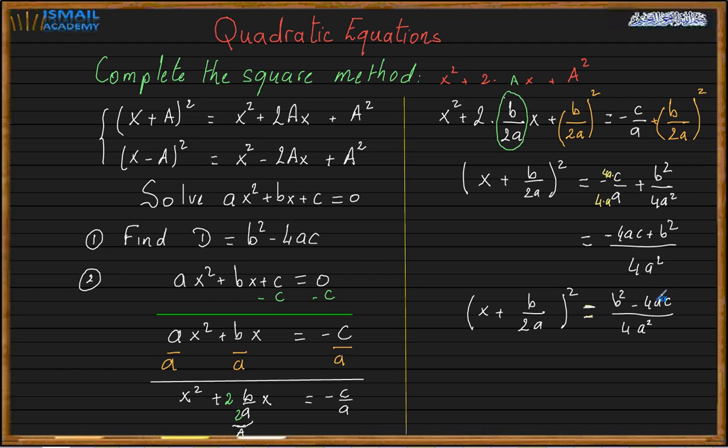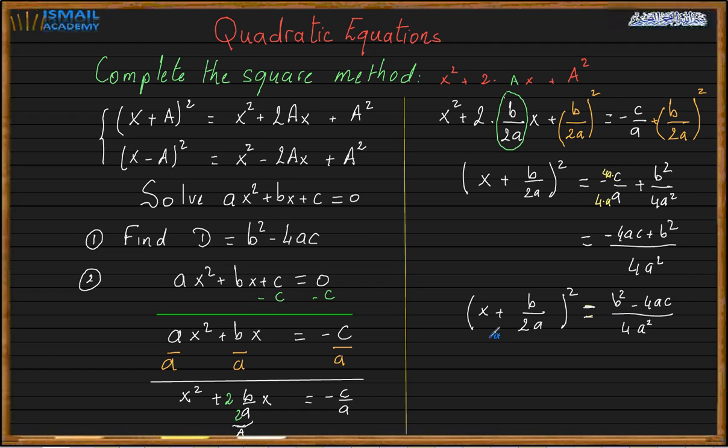If it has a minus sign, it may be positive, may be negative. This is why we discuss here. If this is negative, the whole thing will be negative and cannot be equal to a positive, which means there is no real solution. If it's equal to 0, the square equals 0 and the answer will be only that number with the positive sign. If it's positive, then we have two distinct solutions.